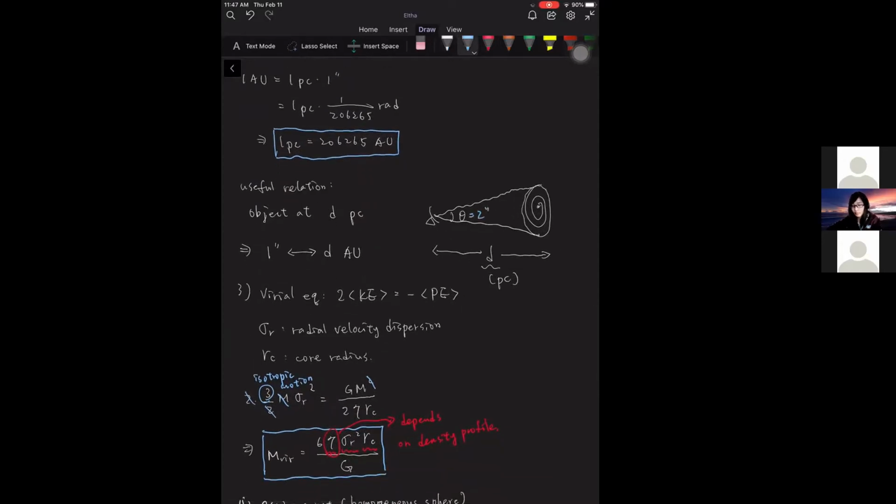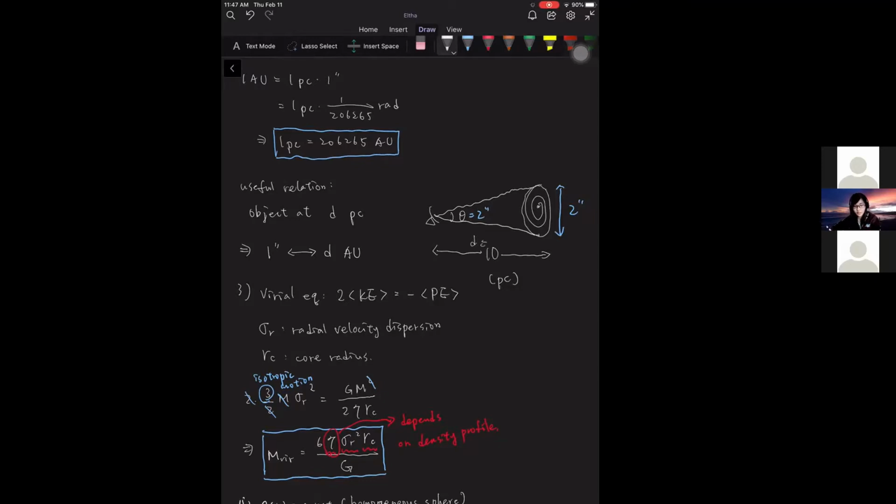That means the diameter of this galaxy here corresponds to 2 arcsecond for our observations. Let's use a real number. Let's say this object is 10 parsec away, d equals 10 parsec.